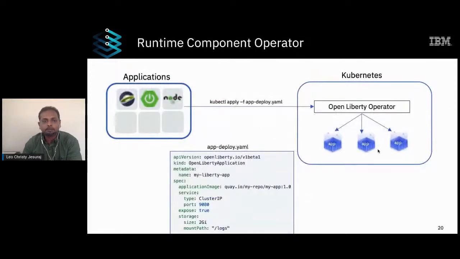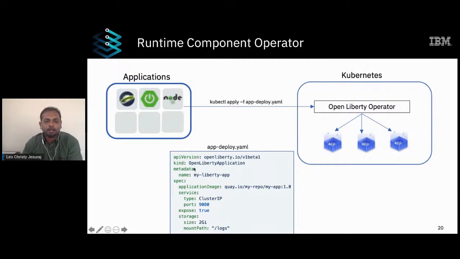All right. So here is another example of how that will look. Again, it doesn't matter how your application is built. You can deploy that with the Open Liberty operator, and here is a sample snippet of how such a custom resource will look.